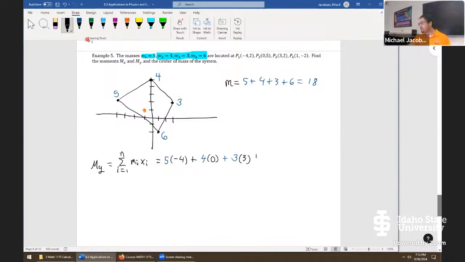And finally, add to it the final mass of 6, which multiplies the last first coordinate, 1. So that's now just a little bit of arithmetic. We've got -20 plus 0 plus 9 plus 6. So that's going to be 15 minus 20 for a value of -5 altogether. Does that look right to folks on that first product?